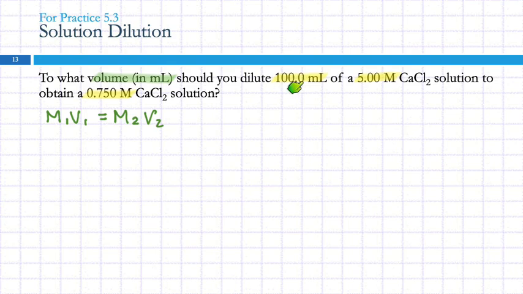So do you see how 100 milliliters of this, those are together, right? So let's put a box around those. Those two numbers go together. There's a volume and a molarity. Well, let's call this one V1 and this one M1. So that's V1, this is M1.